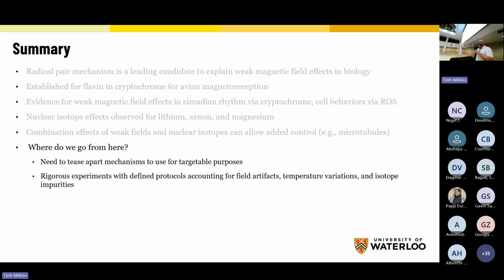These protocols would account for things like field artifacts due to stray fields from other equipment around, shielding your setups with things like mu metal to get rid of any stray fields, accounting for temperature variations, changes in your concentrations within biological buffers, accounting for impurities within your systems, and so forth.